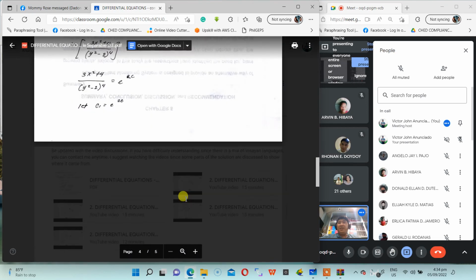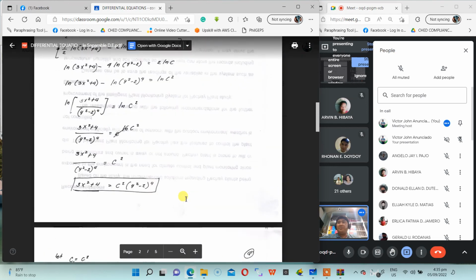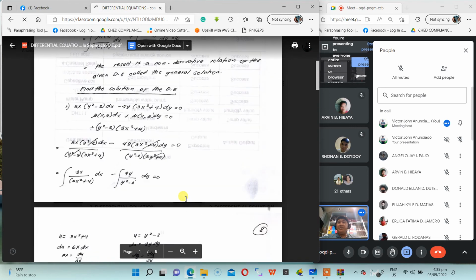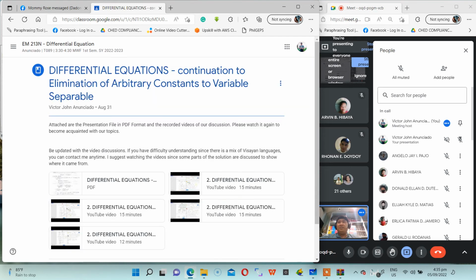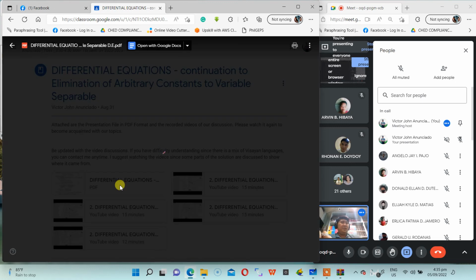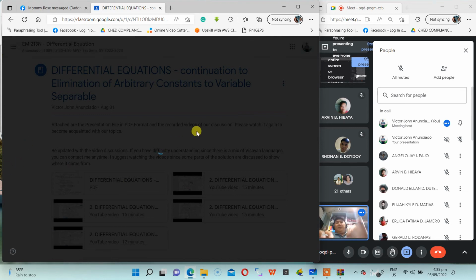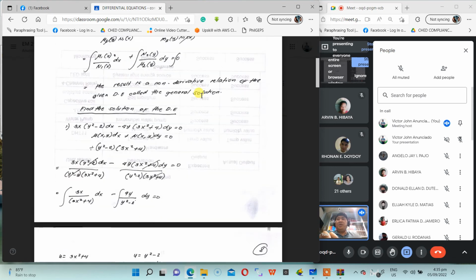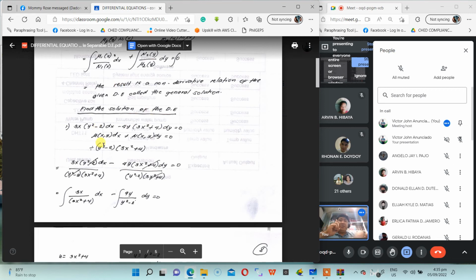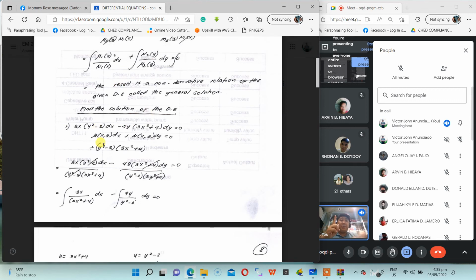If you look at problem number one, it is already separated. The first method in solving a differential equation is variable separable for first order, first degree differential equations.